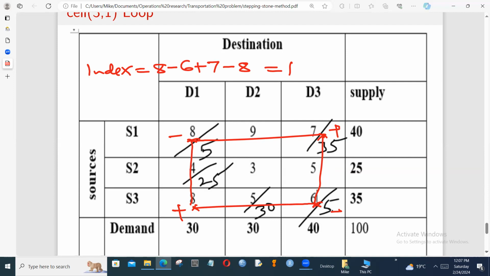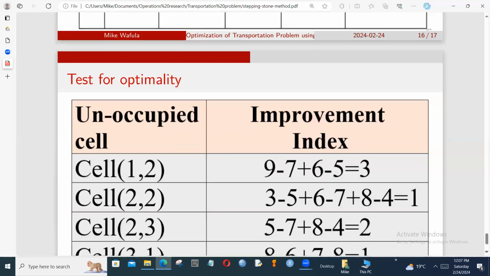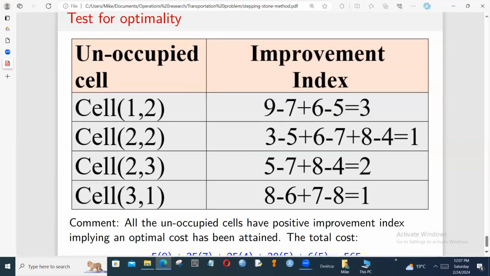From this you can now have a new table for the improvement indices and unoccupied cells. For all 4 cells, we found 3 for the first, positive 1 for the second, 2, and 1. You can see all the improvement indices are positive.